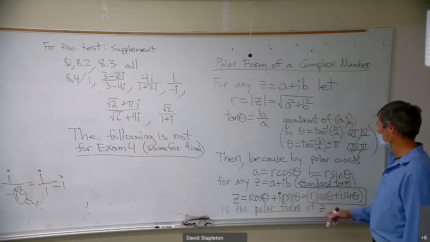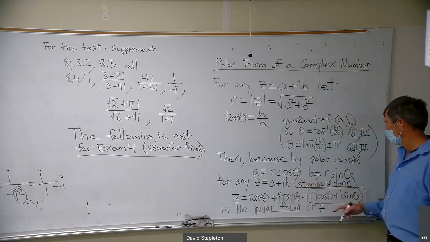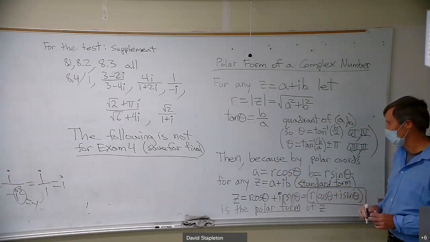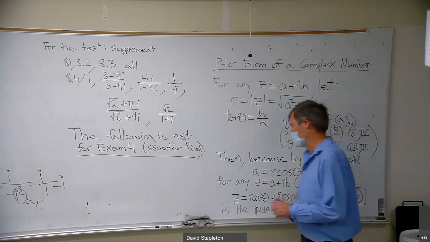So every complex number a plus ib, that's a standard form, also has a polar form r times cosine theta plus i sine theta. Now we can compute that for a few numbers here.